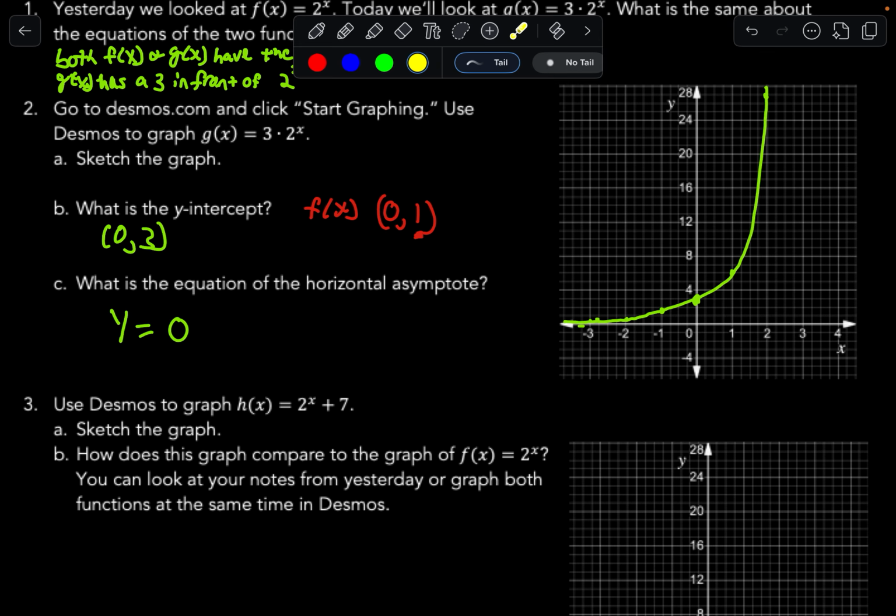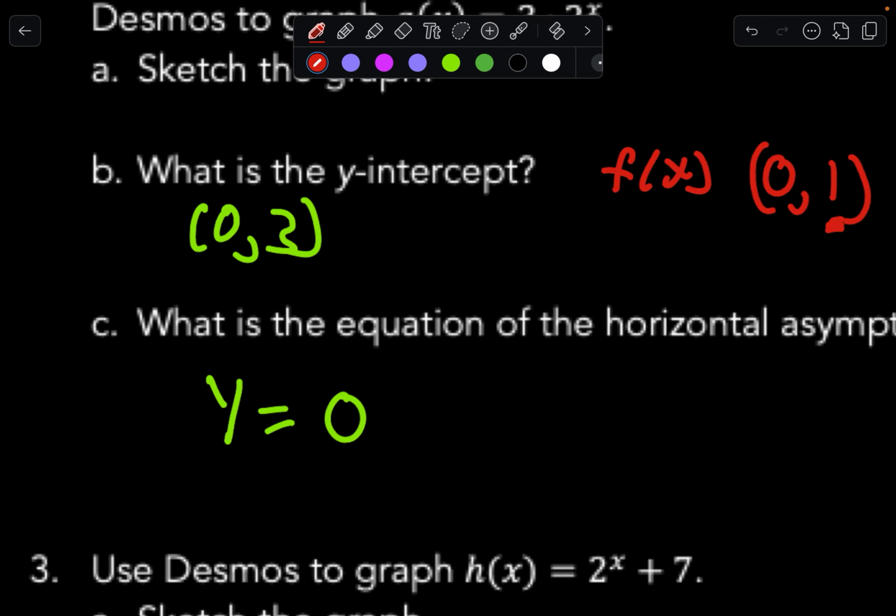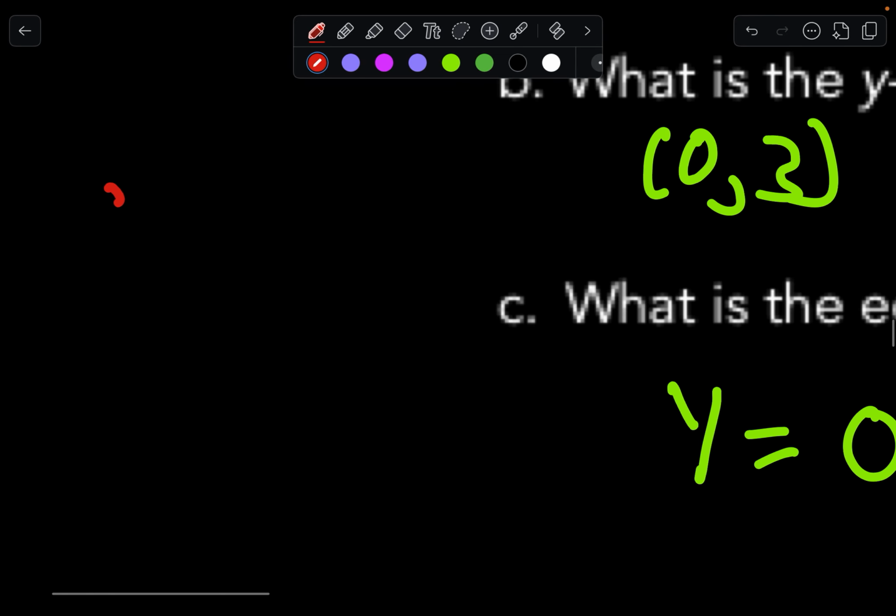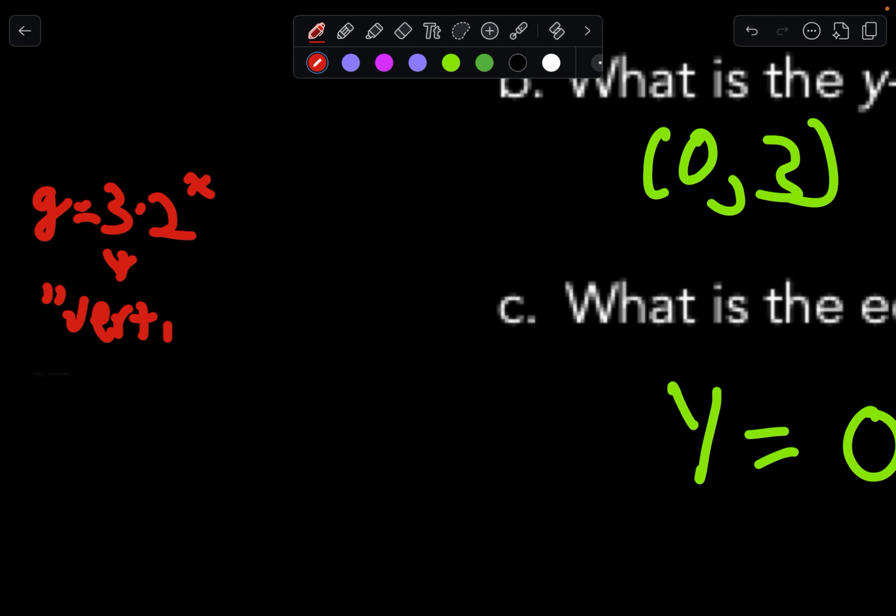So we stretched the graph up by a factor of 3. So that is a vertical stretch. Here we go, that's 3 times 2 to the x. The 3 is said to be a vertical stretch by a factor of 3.